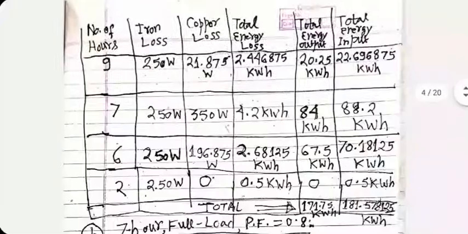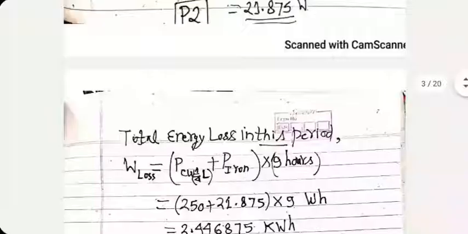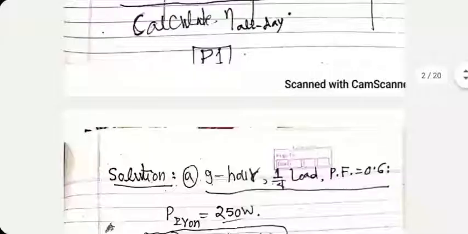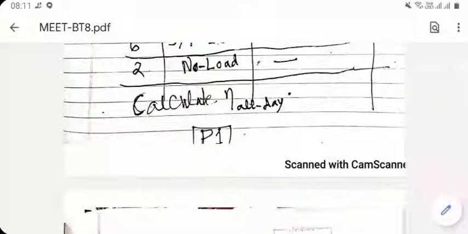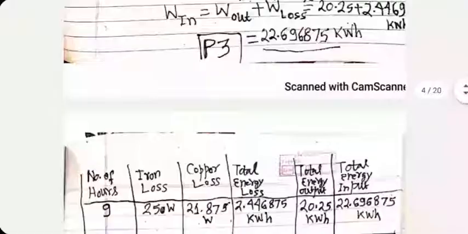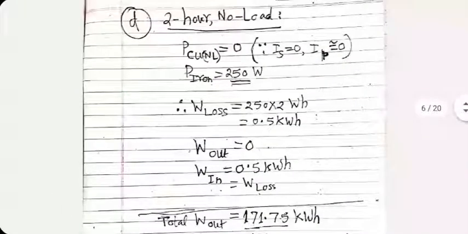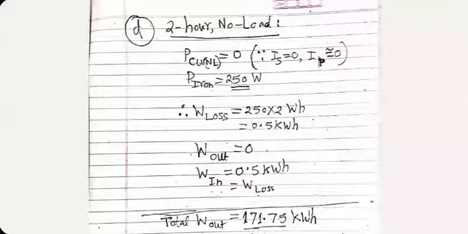The fourth one is a no load situation. So power factor info is not needed, and it's only 2 hours. In no load, output power is 0. Input power will be simply equal to the loss power. There is no current in primary or secondary windings, so copper losses will be 0.